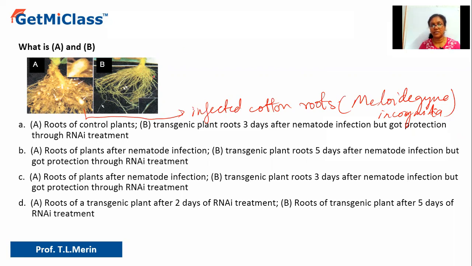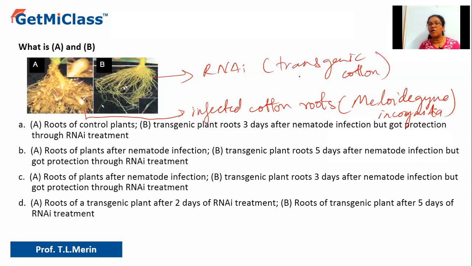Now this one, what you see, has undergone a treatment. What kind of treatment? We call it RNAi treatment. Or you can say it has undergone recombinant technology, or transgenic technology, or it is a transgenic cotton plant. Why transgenic cotton plant?